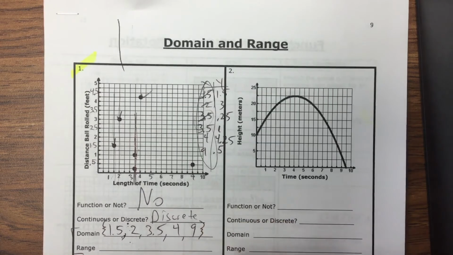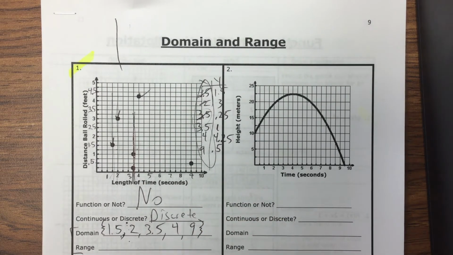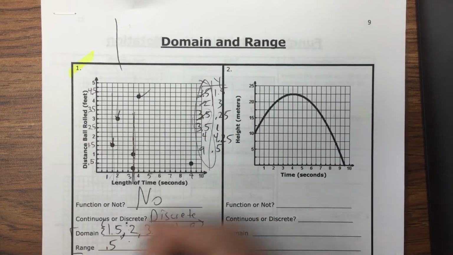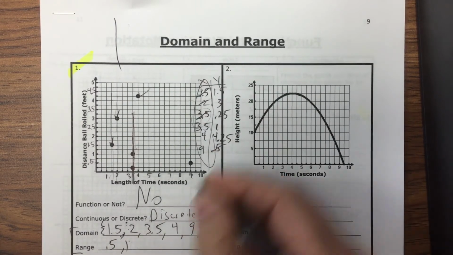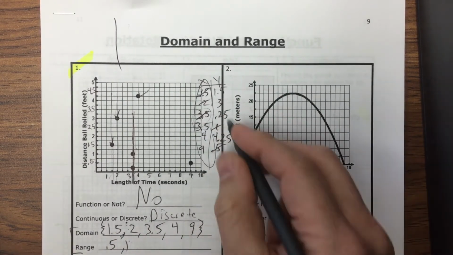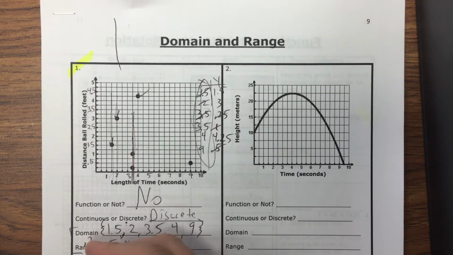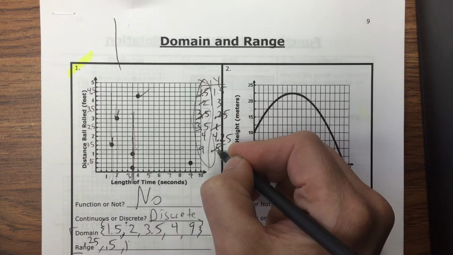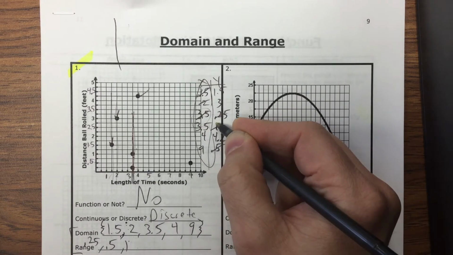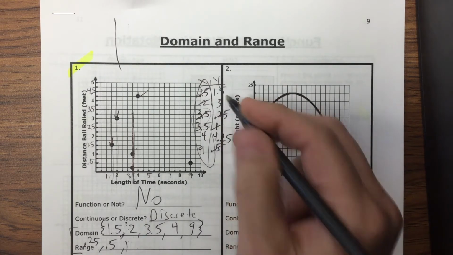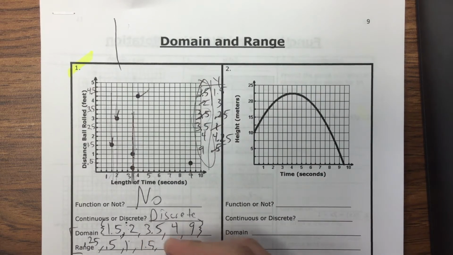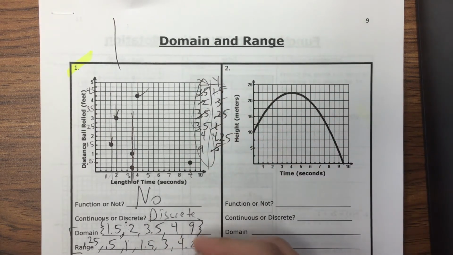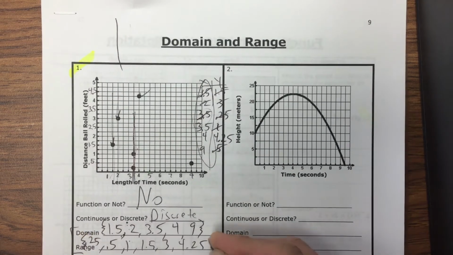That is our domain in brackets. The range, lowest number, I'm sorry, 0.25 is the lowest value. 0.25, 0.5, 1, then 1.5, 3, and 4.25. And that's the range. And that's how you do that.